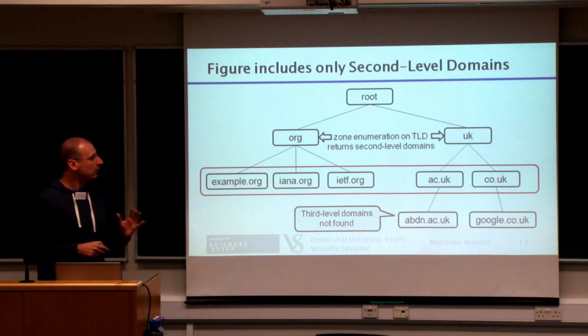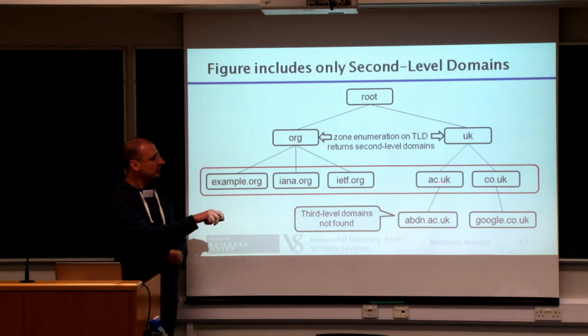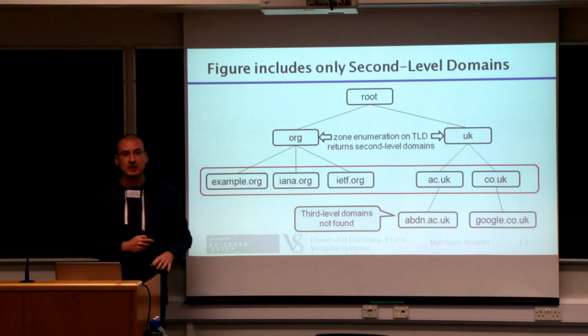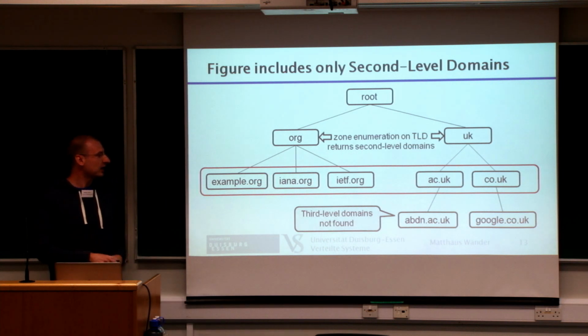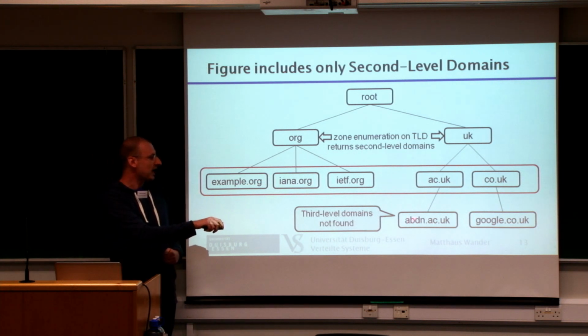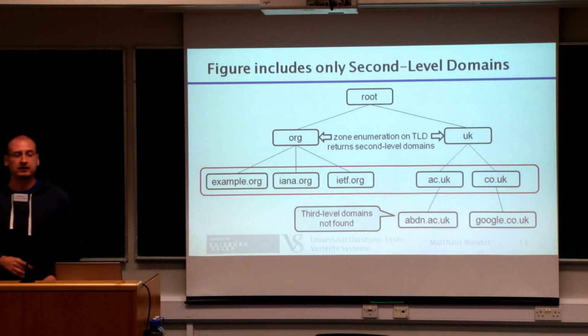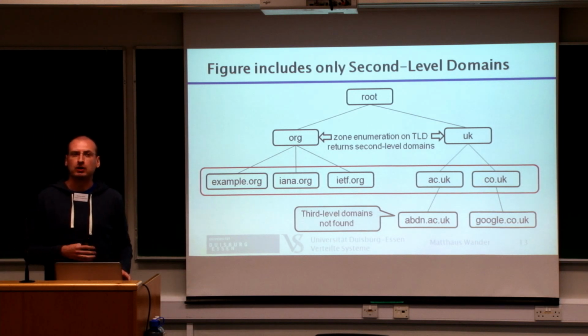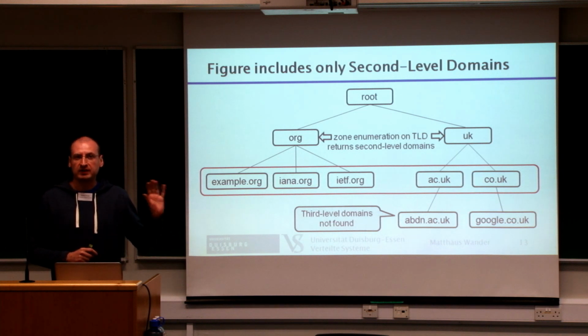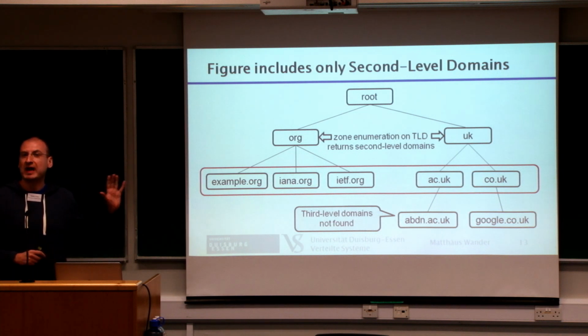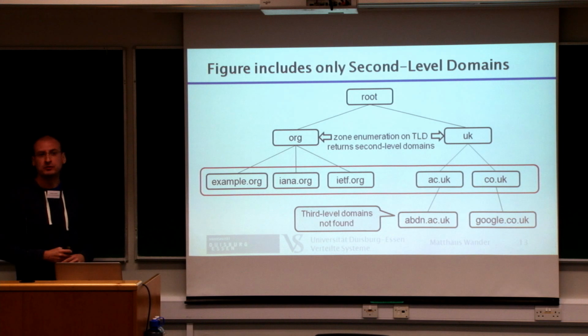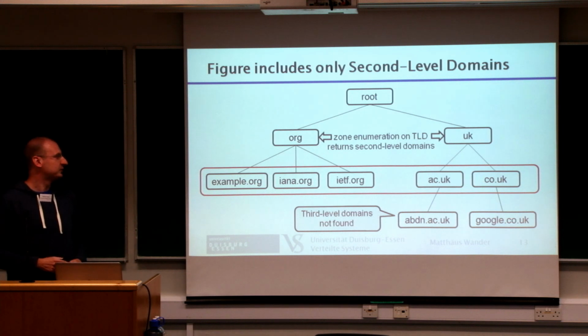For .uk, we'll be getting names like ac.uk and co.uk, but what I will not see are domains on the 3rd level, like aberdeen.ac.uk or google.co.uk. And this is a similar case for domains like Taiwan or Brazil, which are also using a 3-level structure. So the DNSSEC count for those top-level domains will be underestimated. So 6.4 million is actually a lower bound of DNSSEC domains.